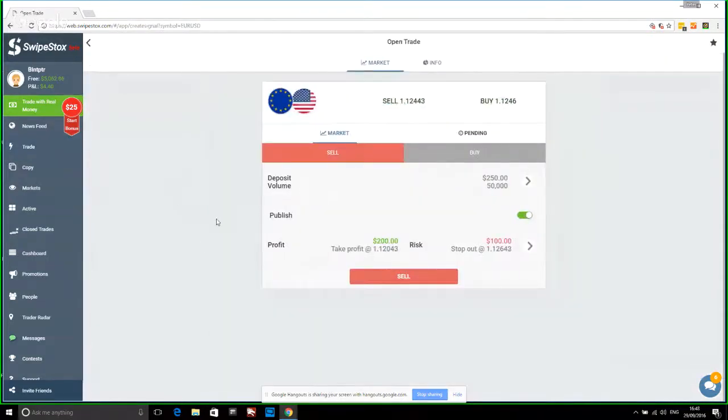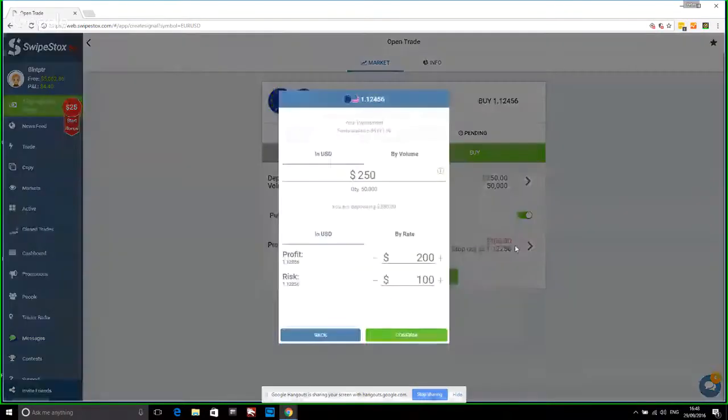If we want to trade, for example, this expectation that the dollar will fall and the euro will rise, in that case, we want to buy the euro. And here we can adjust our risk.